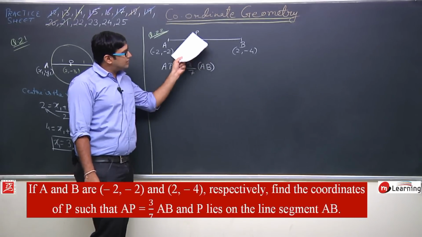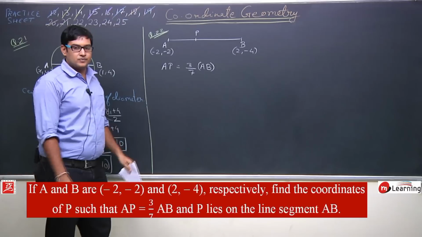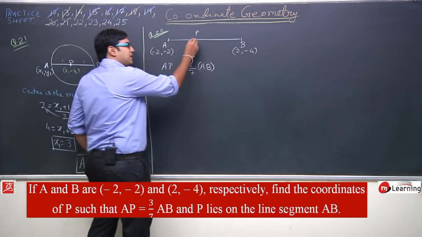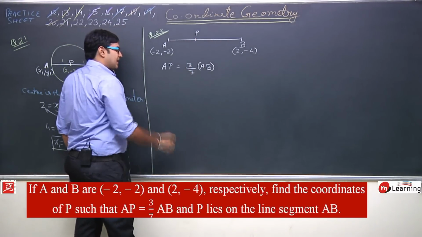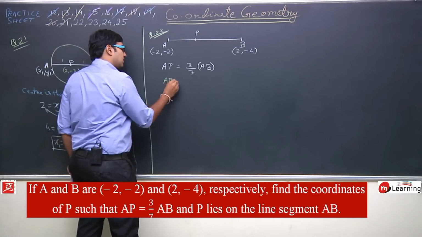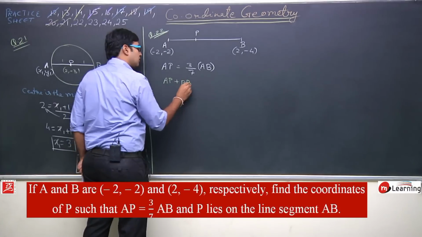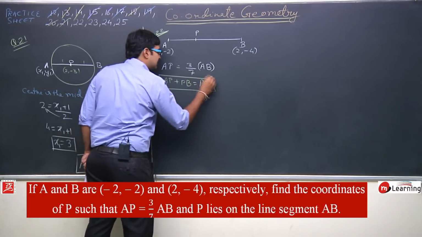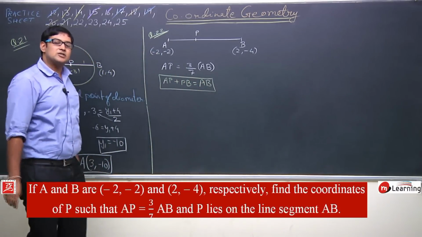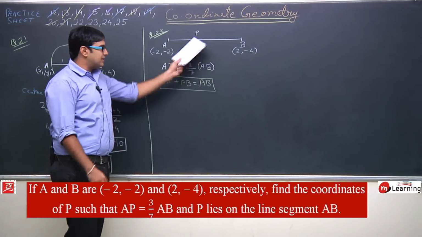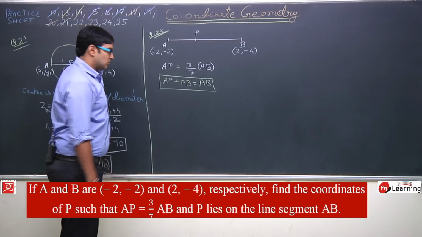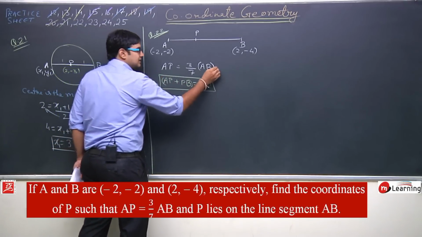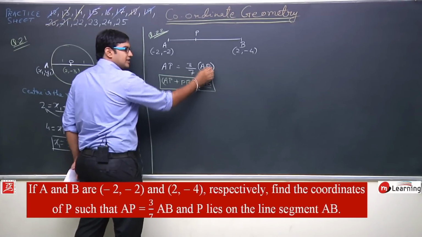So how to determine the coordinates of point P? Just observe it very carefully. Since P lies on AB, I can write that AP plus PB is equal to AB. I can very easily write this expression, because P lies on AB. You can equate these two relations.